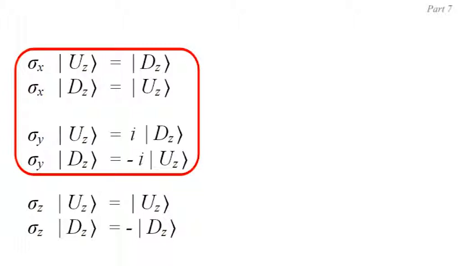The 4 of them are saying that if you have spins that are up or down in the z direction and you try using the mathematics to measure the spin component in a direction perpendicular to the z direction, x or y, then that mathematical measurement will flip the spin from down to up or from up to down and will multiply it by +1 or by i or by -i or whatever. That's weird, and it doesn't seem to match reality.